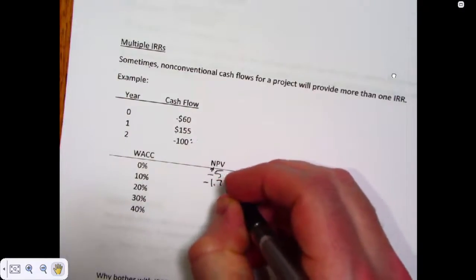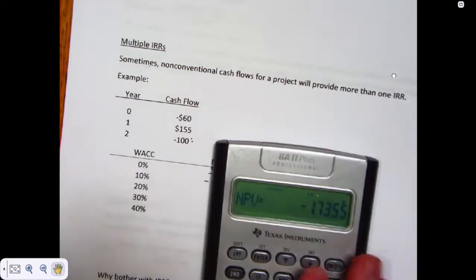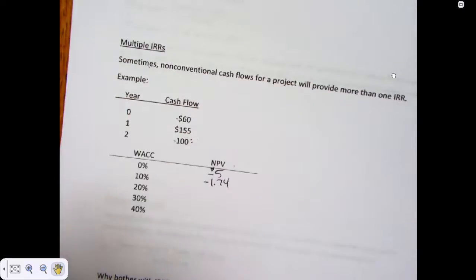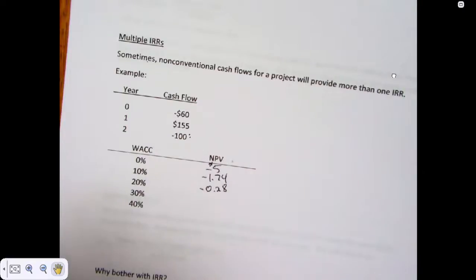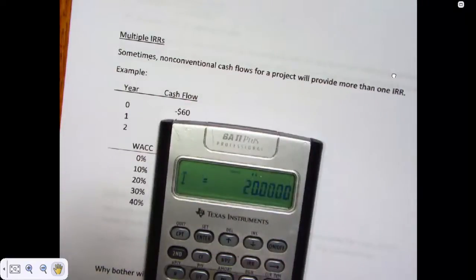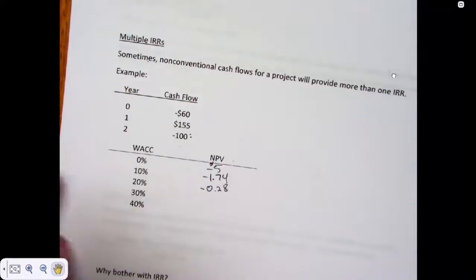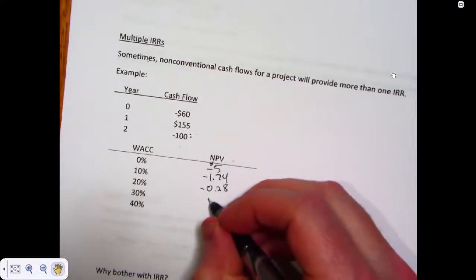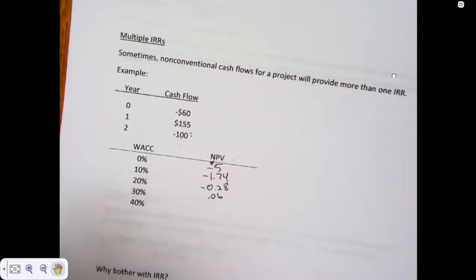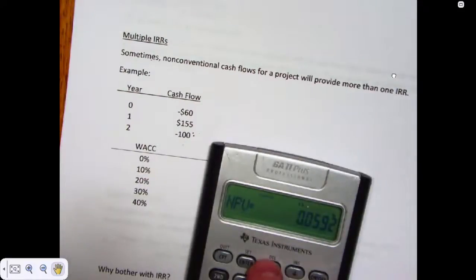At 20%, negative 28 cents. So we're getting closer to 0 where it would be acceptable. At 30%, it's positive. It earns back the required rate of return at 30%, 0.06. And then we take that up to 40%, and it's negative again, negative 31 cents.